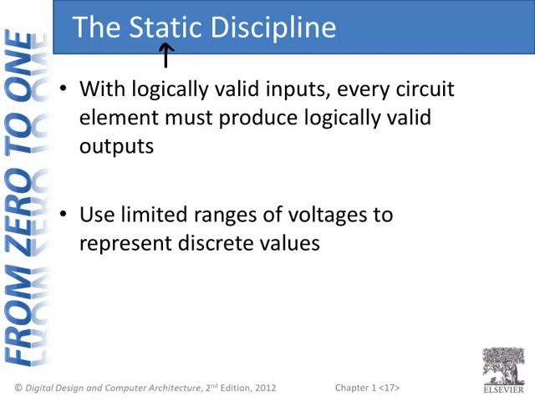Okay, let's define logically valid. That's talking about the range of voltages that we're going to say is valid. And we're going to use this limited range of voltages to represent our discrete values. So we're still using ones and zeros, but we're allowing a little more wiggle room for ranges of voltages instead of just 5 volts and 0 volts, nothing else.